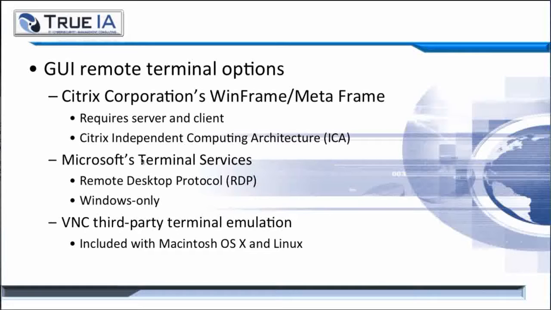For instance, WinFrame from the Citrix Corporation requires a server and a client, whereas Microsoft Terminal Services only requires RDP to be active, or, which is included with every Mac OS and Linux, the VNC third-party terminal emulator.